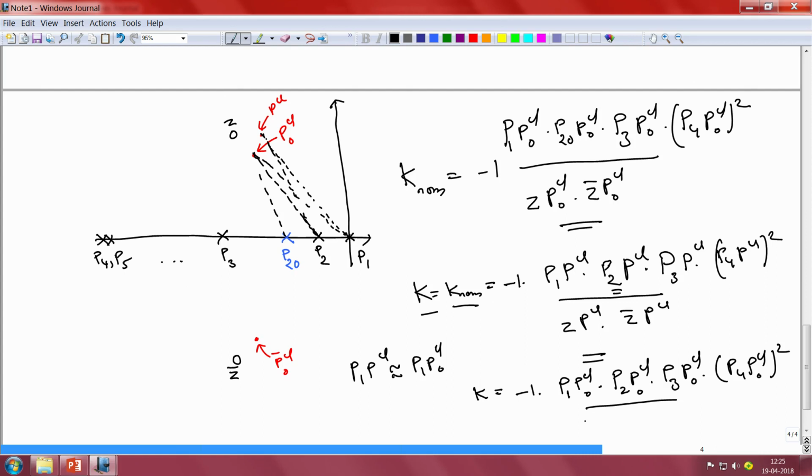Now we cannot replace this with Z PCL naught, because by choice we have to place the zero very close to the point PCL naught, so close that the distance between the zero and the point PCL naught would be comparable to the permissible variation in the closed loop pole location, namely 0.04 units. Hence, when this point PCL naught wanders to the new location PCL due to uncertainty in the plant's pole location, we cannot assume that the complex number Z PCL would be very nearly the same as the complex number Z PCL naught.